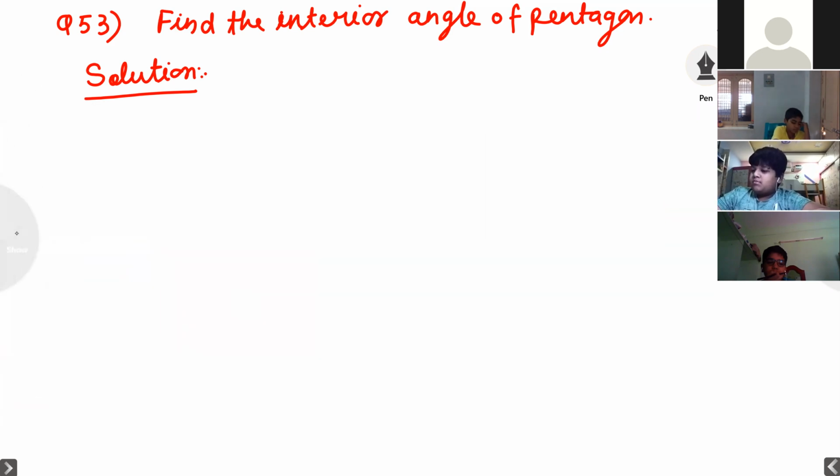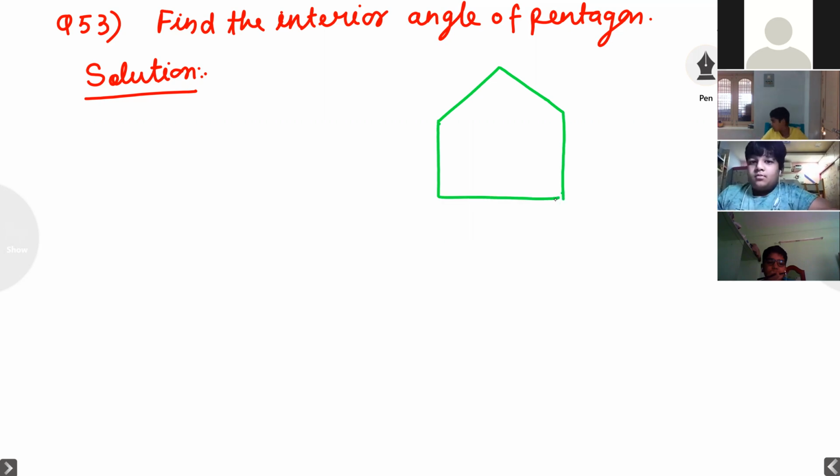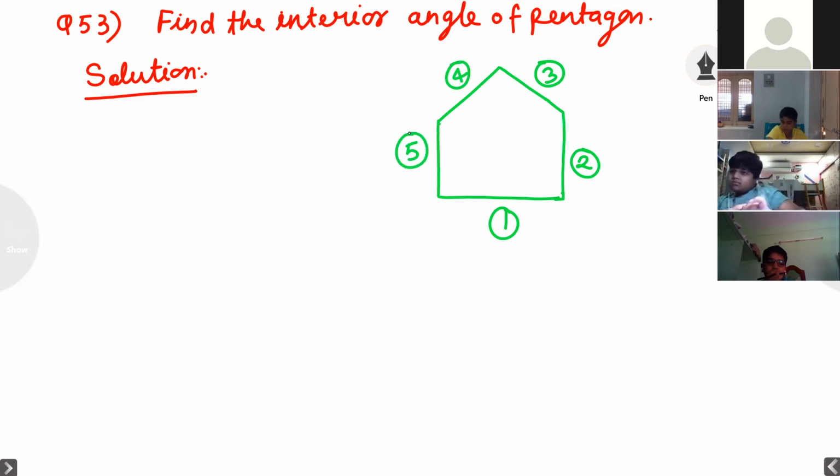This is the figure of a pentagon. One side, two sides, three sides, four sides, five sides. Means the value of n is equal to 5.